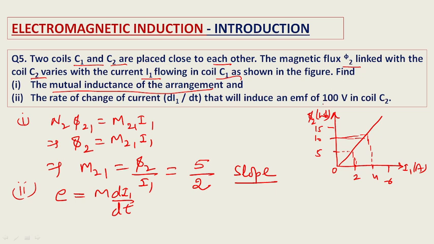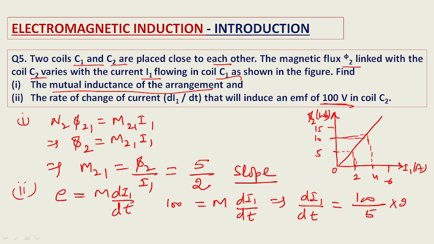Okay, because EMF is given to us as 100 volt, so we can write 100 is equal to M di1 by dt. Further, di1 by dt is equal to 100 divided by M, and M is what? 5 by 2. So 100 into 2 by 5, so 40. So di1 by dt is equal to 40 ampere per second. Change in current is taking place at 40 ampere per second.